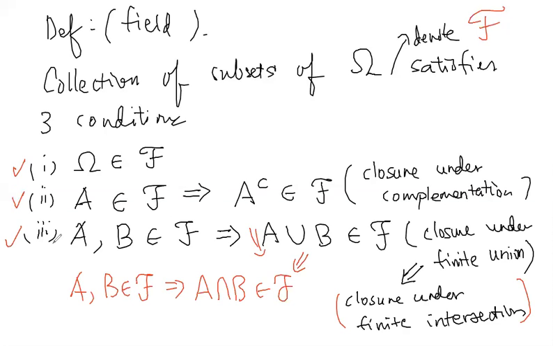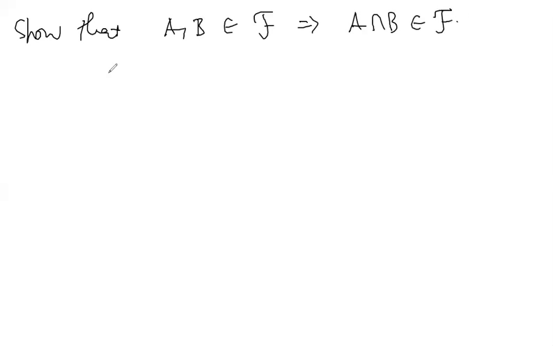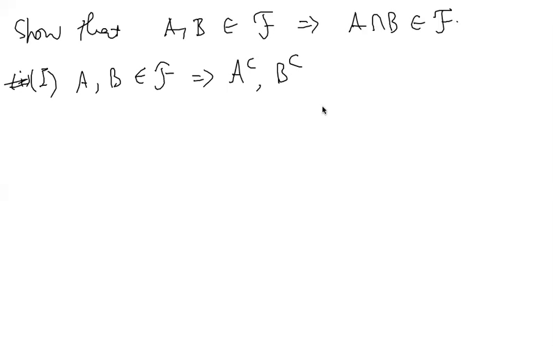So how can we show this? Let me clear this. The logic goes like this. We want to show that A, B in F implies that A intersect B is also in F. First step: A, B in F means that their complements, A complement and B complement, are also in F. This is property 2.